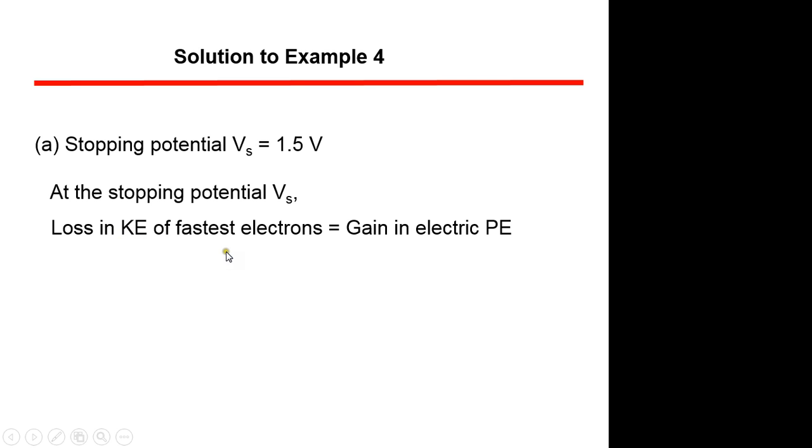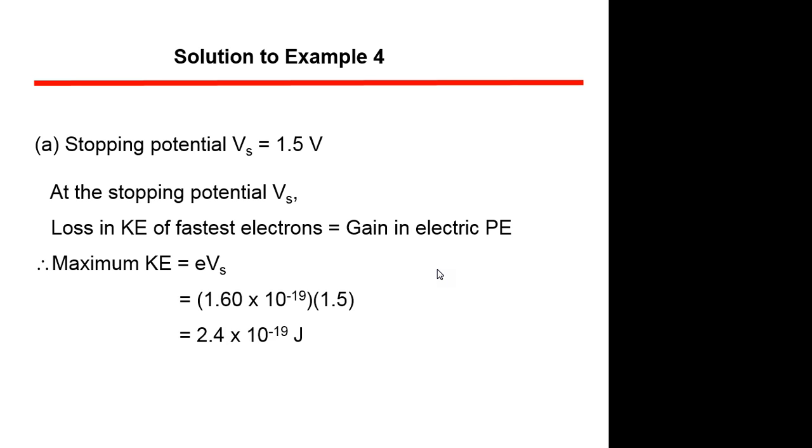The loss in Ke is equal to the gain in EPE. Remember the applet that I showed you. That gives us this equation, because the maximum Ke will be the stopping potential of all of the electrons, so that you measure no current. Sub in the equation, sub in the values, get this answer. It's pretty easy.